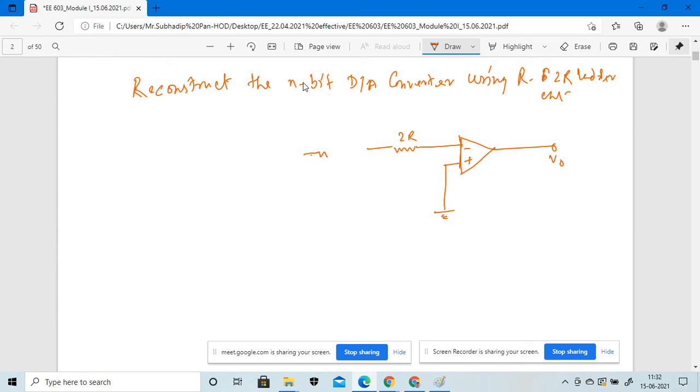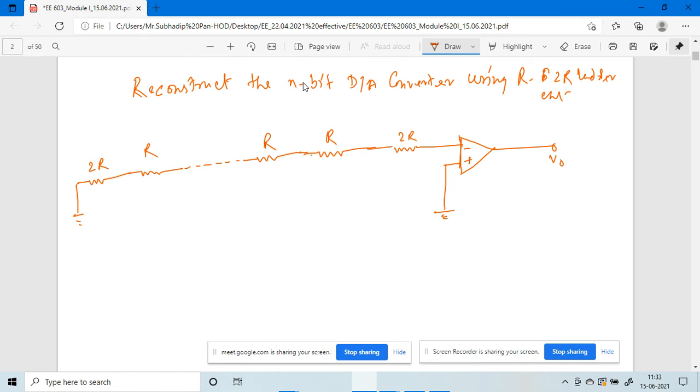Again we are connecting R over here, again one R. N number of bits we are considering, so we consider another R over here, and this will be connected with the 2R. Whatever the connection diagram for this case, the same diagram applies for n number of bits.